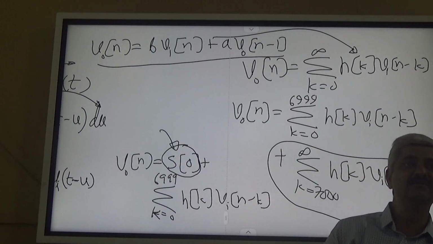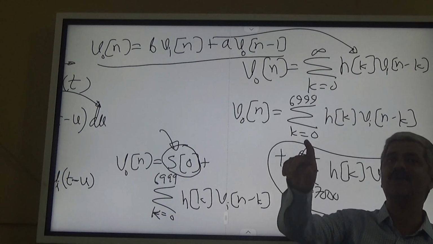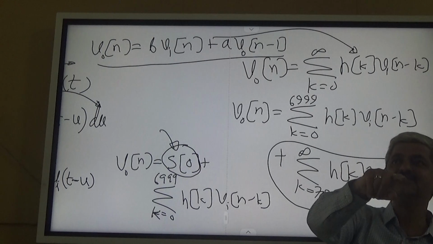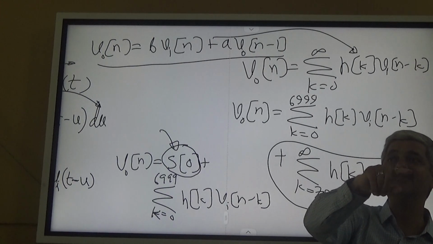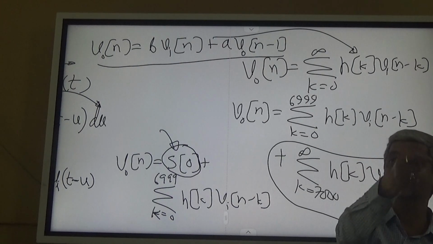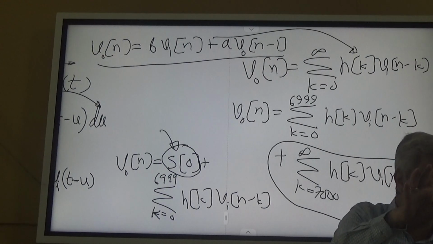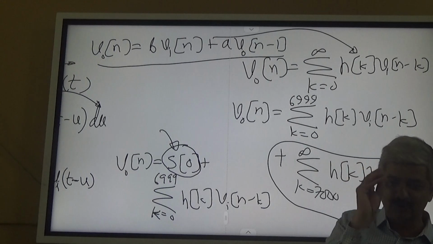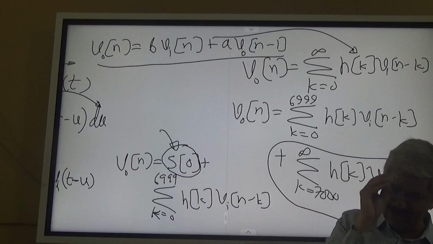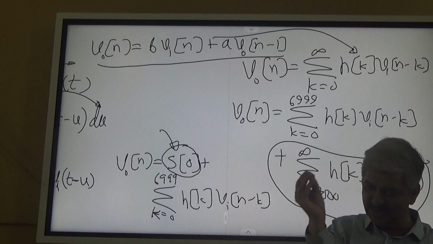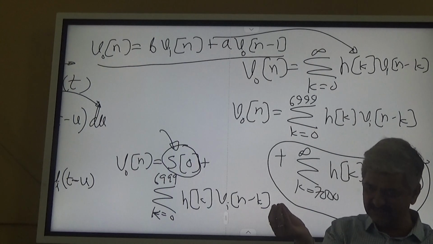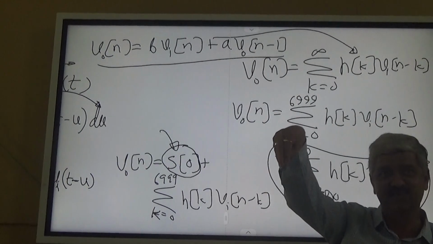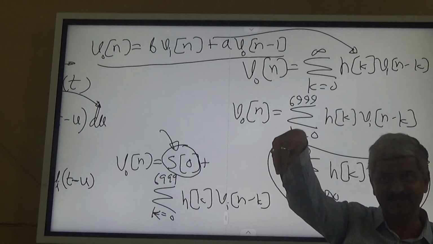What you are today is what you were yesterday plus something which depends on what you received today. Is it right? Every output is the previous output plus something into the input just given, one variation.